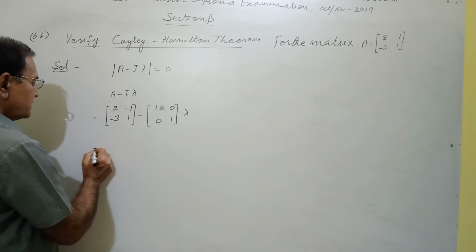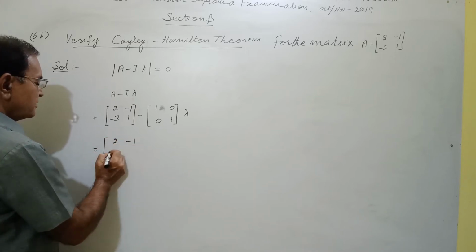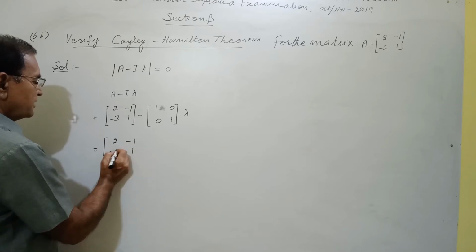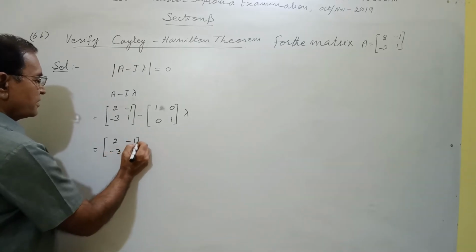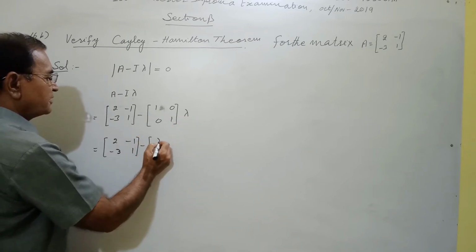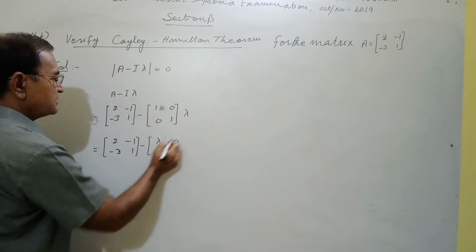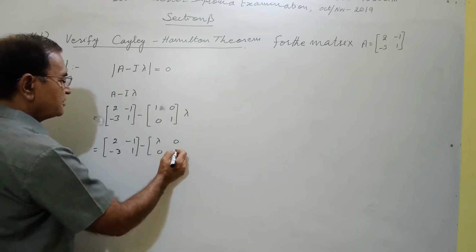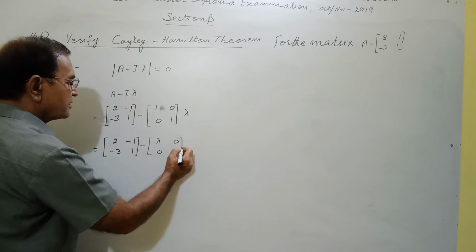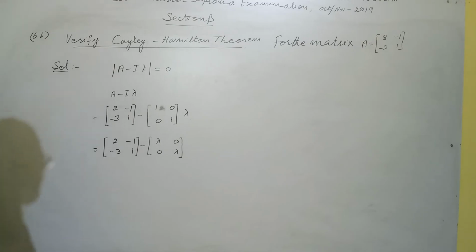So this can be written as 2 minus 1 minus 3 1 minus lambda multiplied by 1 is lambda, lambda by 0 is 0, lambda by 0 is 0, lambda by 1 is lambda, that is I multiplied by lambda.